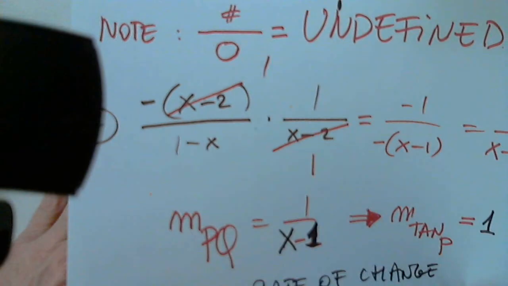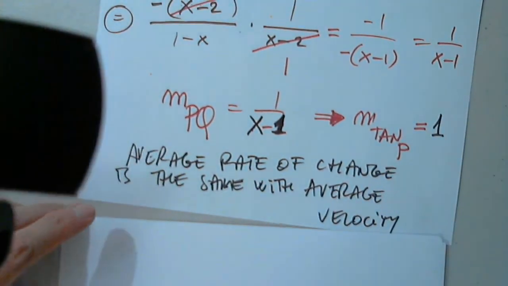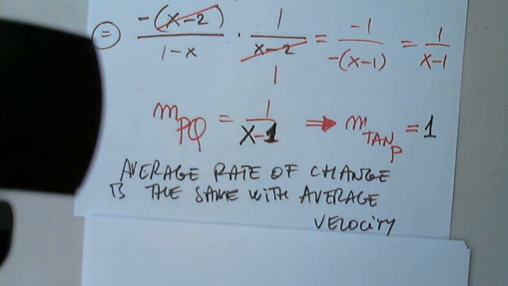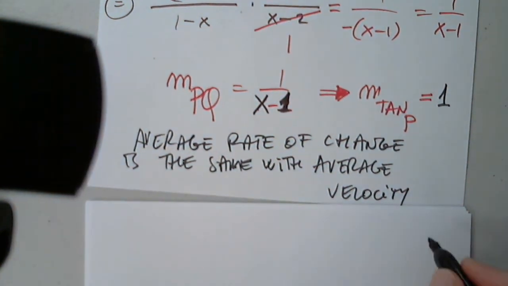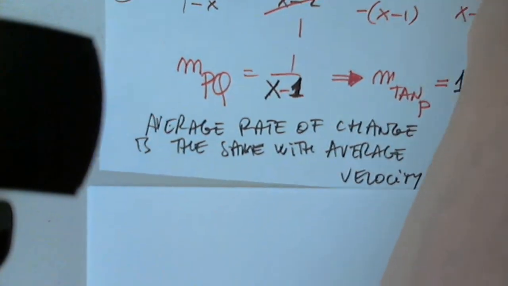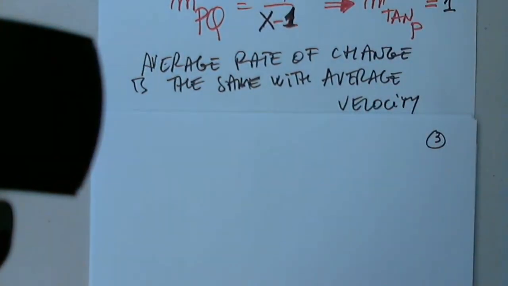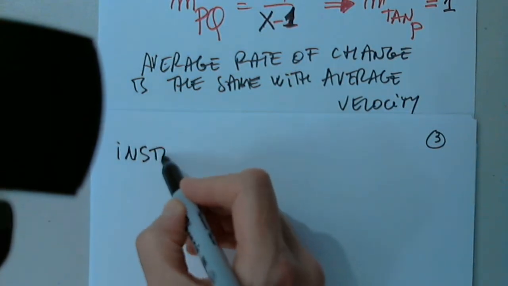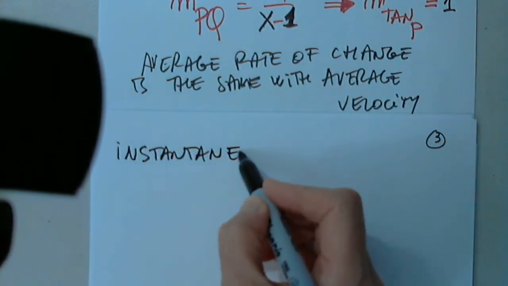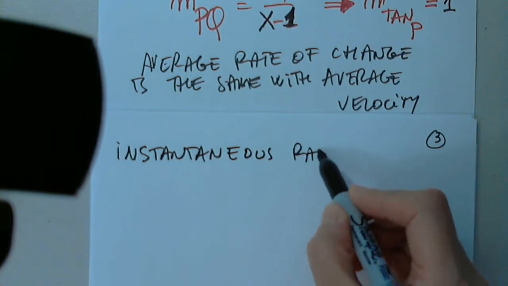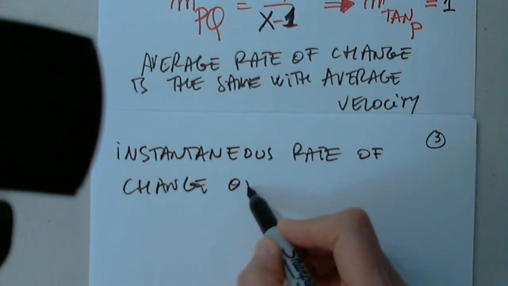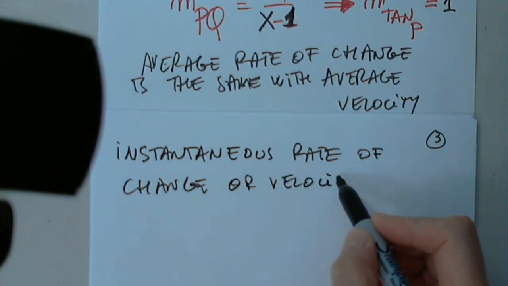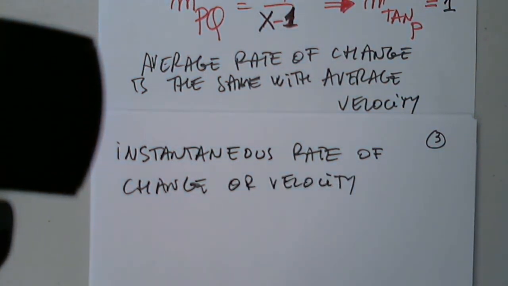Now, again, what did we say was the slope of the tangent line? What is it equal to? Well, we didn't write it, so let's write it now. So the instantaneous rate of change or velocity if the function, oops, I heard it.